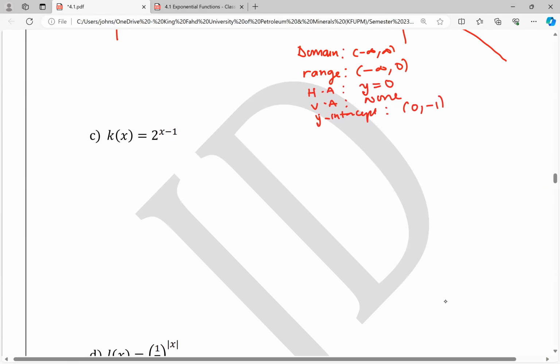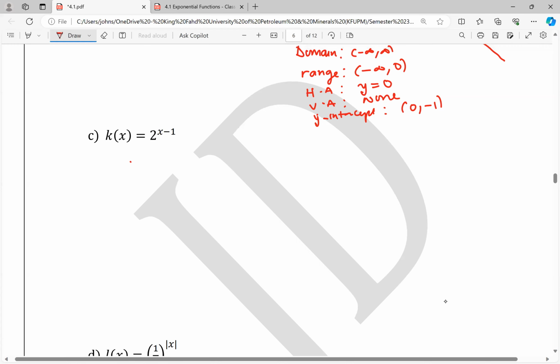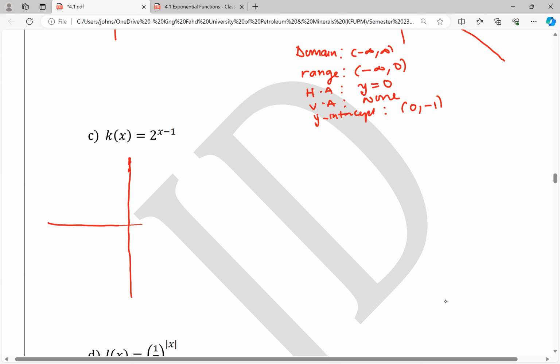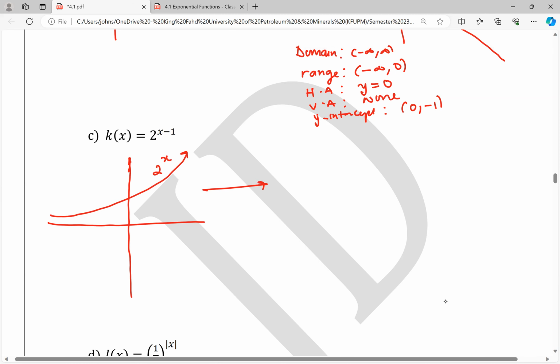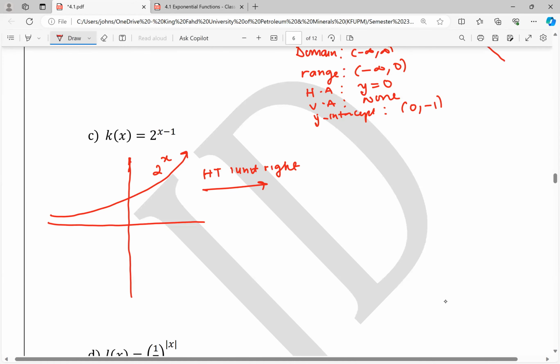All right, so still dealing with this 2^x. Here you need to start with 2^x, and then you shift it. Then we shift how many units? This is now going to be a horizontal translation, 1 unit, because you have a minus here.